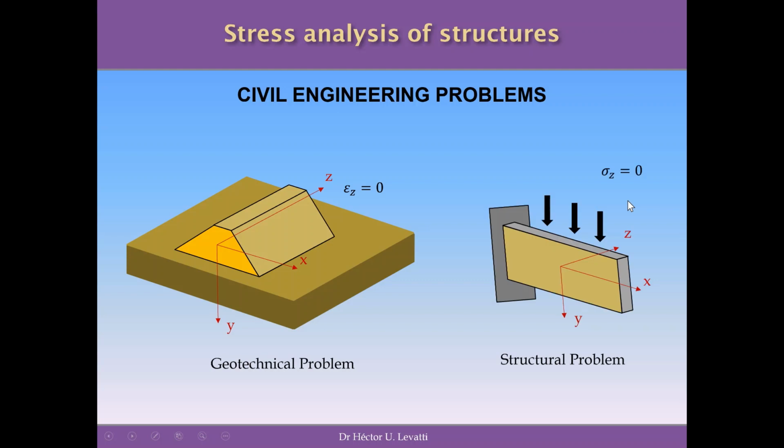A structural problem, by contrast, deals with artificial materials. So the material has a simpler mechanical behavior because the material is more stable. And usually, water is not playing a role in the pores of the particles because, for example, this structural problem, represented by a cantilever beam in this video, is made of a material such as reinforced concrete, which can be pre-stressed or post-stressed or whatever complexity you want, but the material itself is going to have certain stability with time.